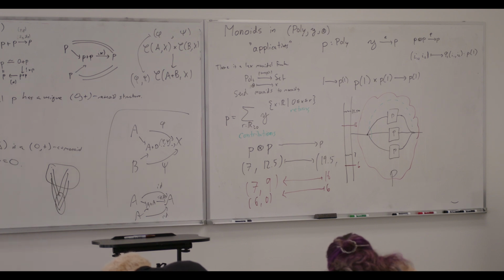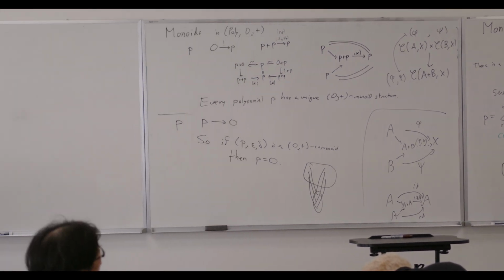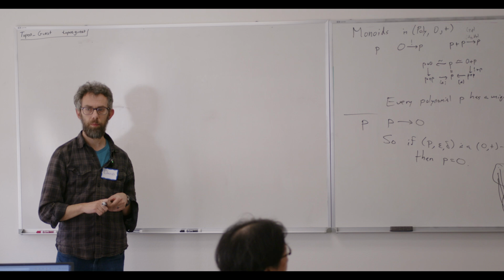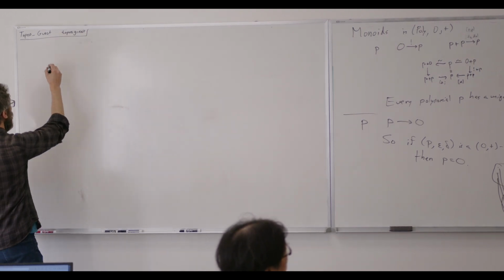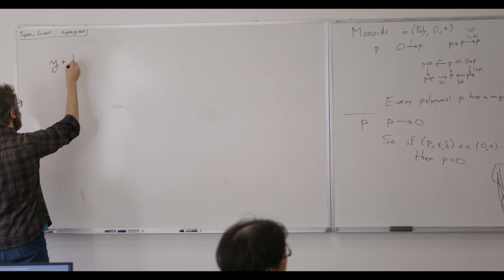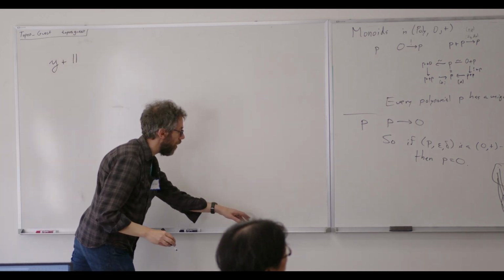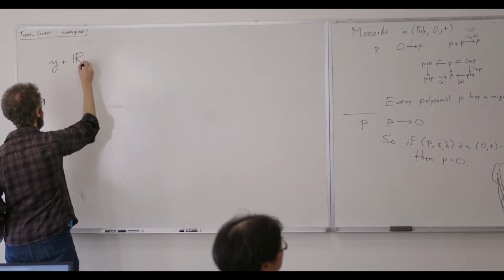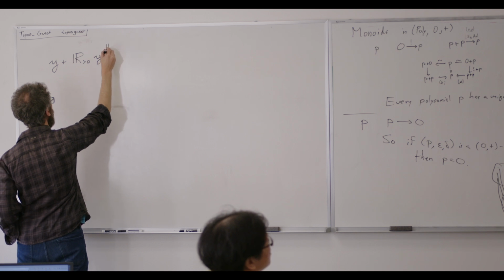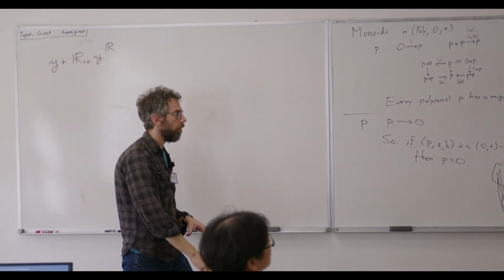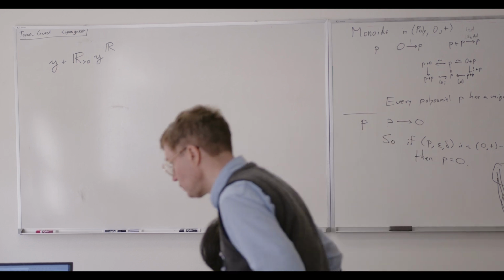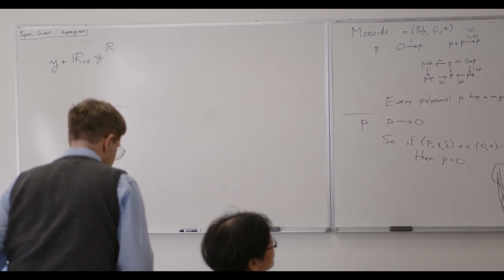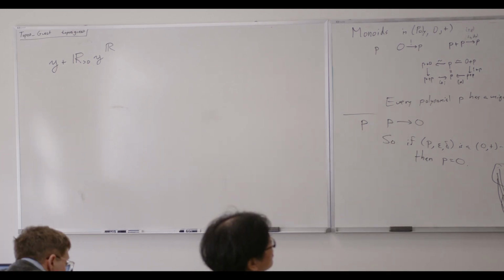So to have a monoid in poly Y tensor, you need a carrier polynomial P whose positions are a monoid.